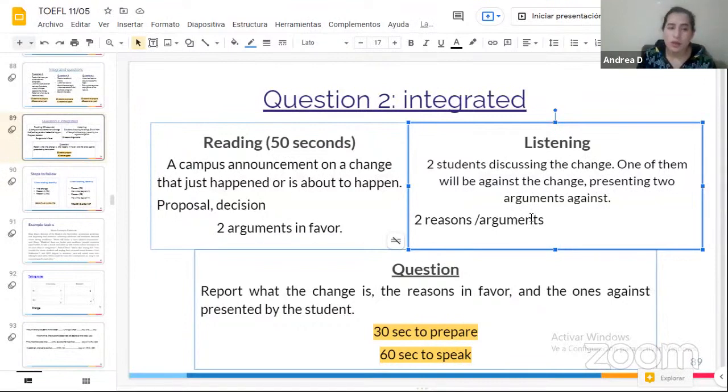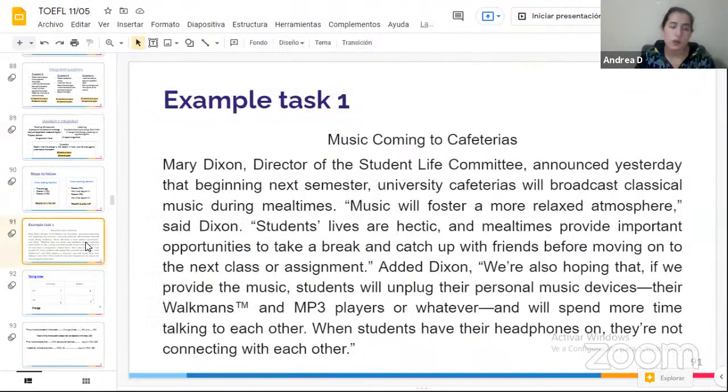Okay, now let's talk about the content. What exactly will you be reading or listening to? Let's try to figure that out. First, what will the reading be about? In the reading, you will find a campus announcement. There's a university, X university, and you don't really care about those details. What I always say is that the TOEFL is trying to see how prepared you are for life in college in the US.